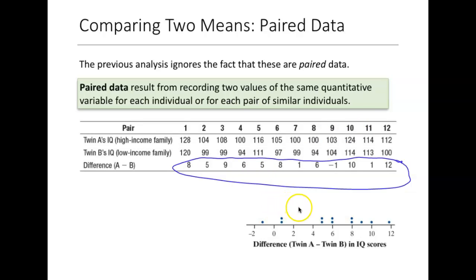If I wanted to run a confidence interval for the difference in twin A minus twin B IQ scores, I would enter that data into my calculator, and I would just run a one sample t interval on that set of data.